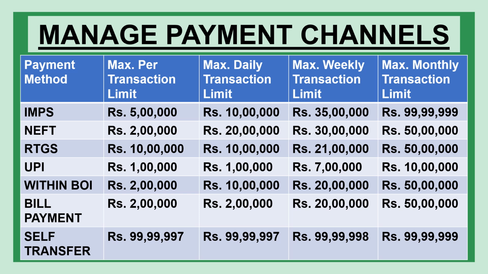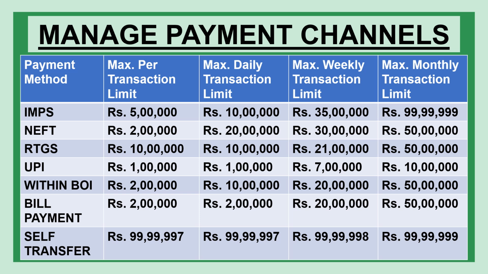Payment method NEFT: maximum per transaction limit rupees 2 lakh, maximum daily transaction limit rupees 20 lakh, maximum weekly transaction limit rupees 30 lakh, maximum monthly transaction limit is rupees 50 lakh.